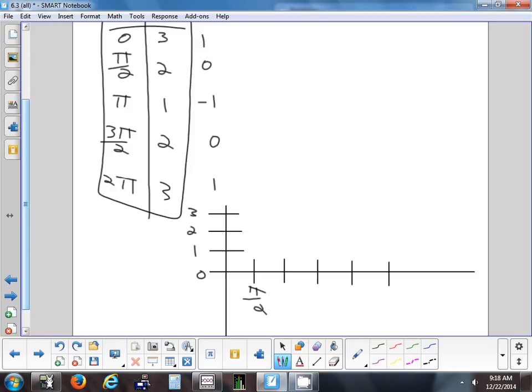Let's say you had cosine x and, well, not like that, 2 cosine x. What this is going to do is the 2 is going to make it twice as tall. It doubled the amplitude.